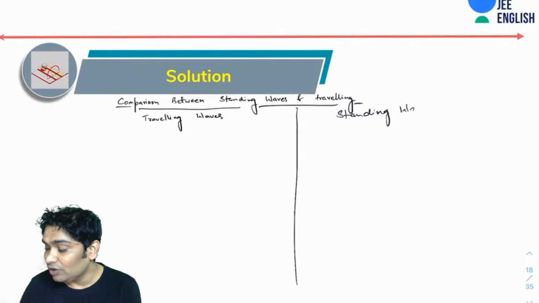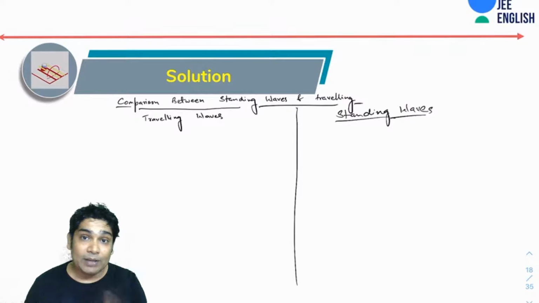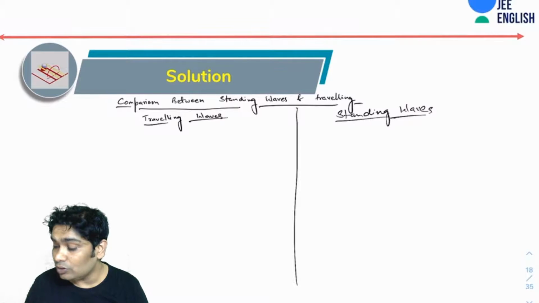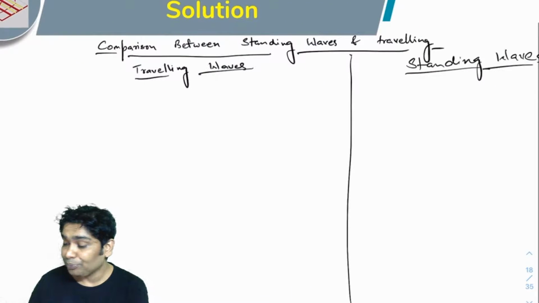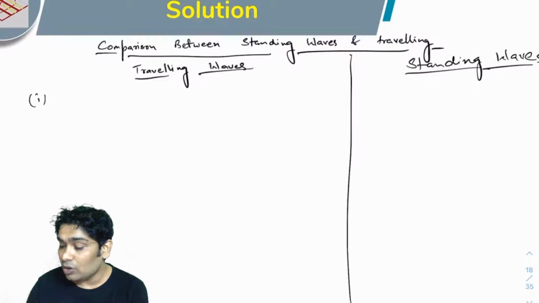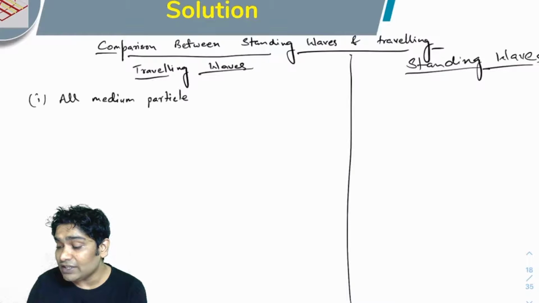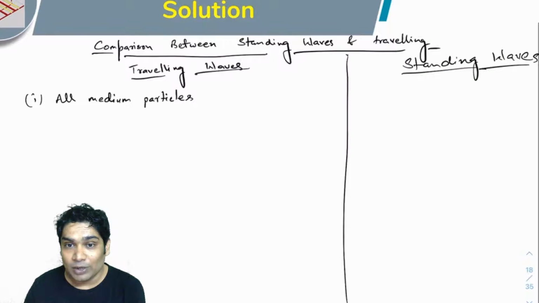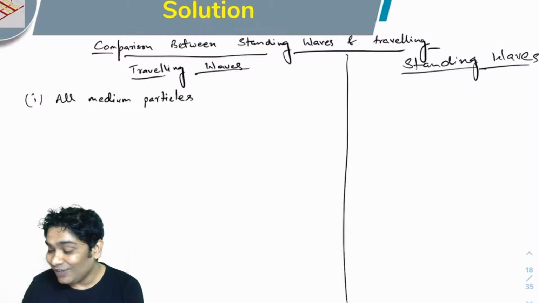So the first thing you will notice is that the amplitude of all the medium points in a traveling wave was equal. All right. So that is the first comparison that you can draw. All medium particles oscillate with the same amplitude. I hope you remember that from our discussion yesterday. Okay, Moisha, I figured you got disconnected.